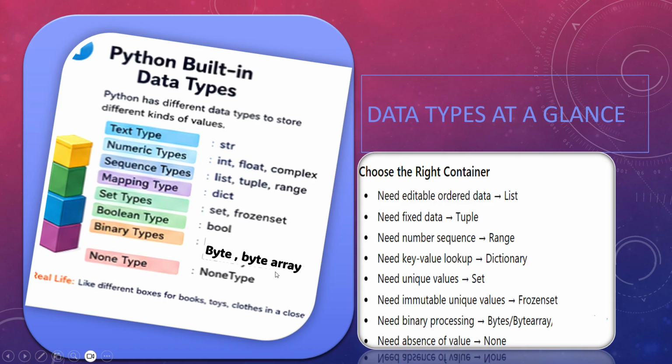Fine. So now what exactly have we seen in our earlier videos? How do we choose these containers? Variables, we are storing in a particular box, right? Now Python gives us the correct container we need to have.